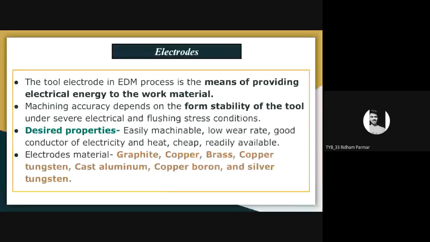Now if you take graphite, it has some properties. Graphite is easily machinable through this process. It has a low wear rate and high conductivity. But what is the main problem of graphite?